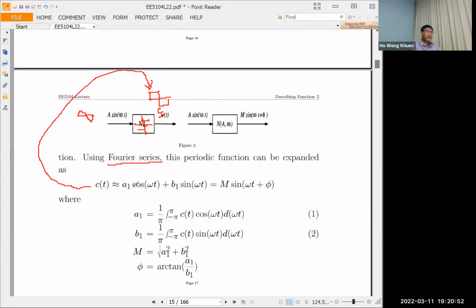But it is going to be approximated by a sine wave, which is this one. A sine wave can be written like that or like that. You just do trigonometry, you can convert from here to here. This is a sine wave.